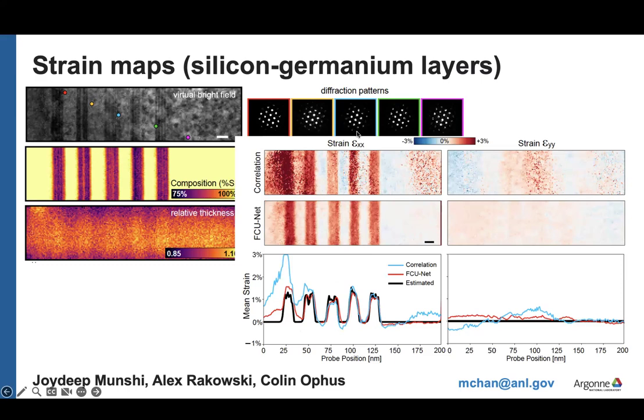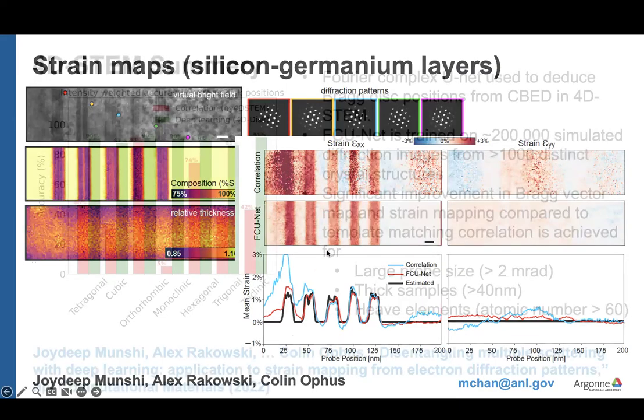And using the FCUNet and the 4D-STEM data, we can test how well the model works. So blue is correlation methods. You error in some places. UNet, which does somewhat better in predicting the strain.